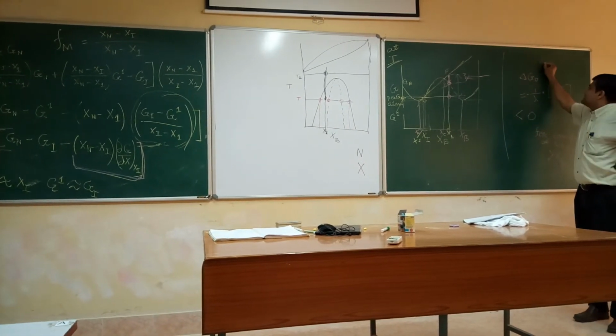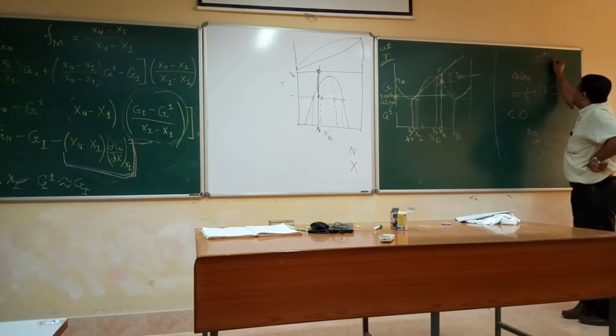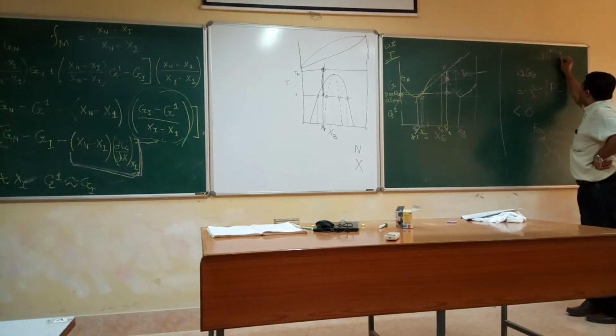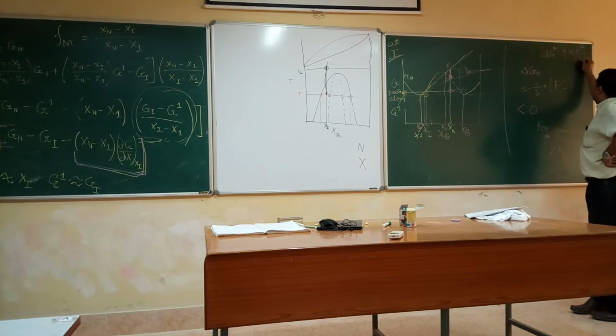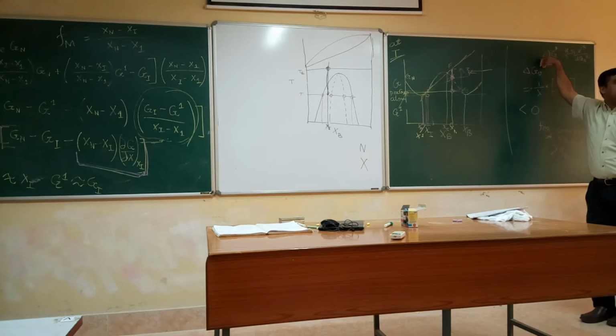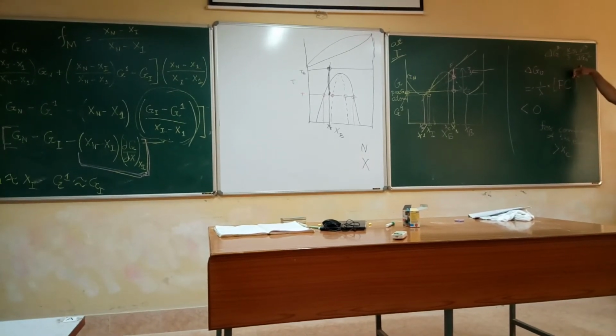What is the delta G star? Delta G star is given by 16 pi over 3 times gamma cube over delta GV square. You want the delta G star activation barrier to be low. That means the delta GV value should be very high.